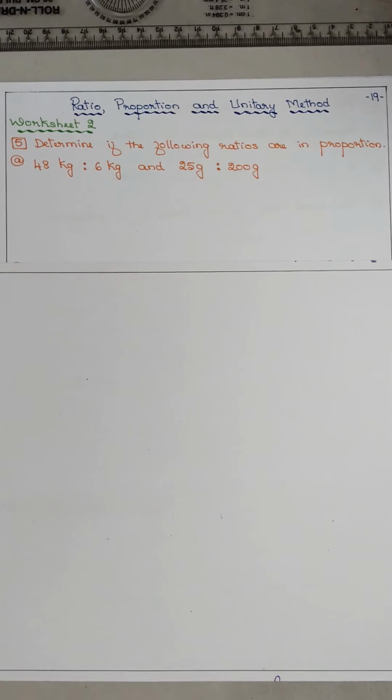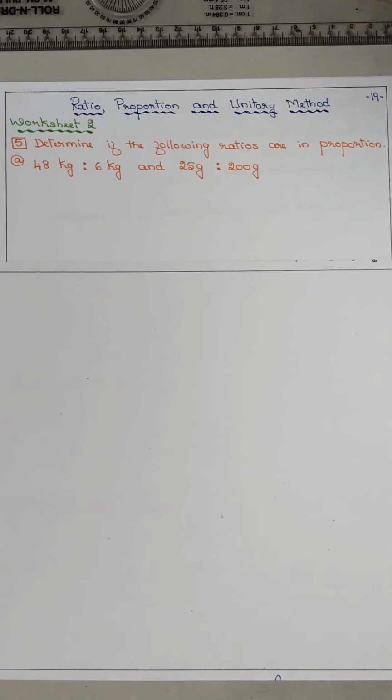We are discussing worksheet 2 of the lesson ratio, proportion and unitary method. Worksheet 2 deals with the topic proportion. Now coming to the fifth sum, determine if the following ratios are in proportion.